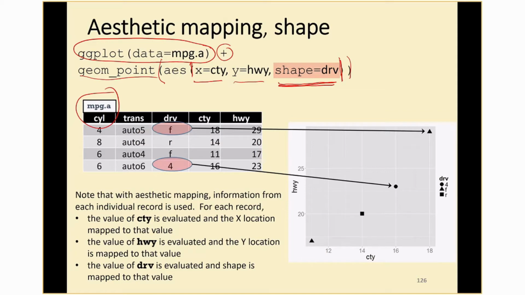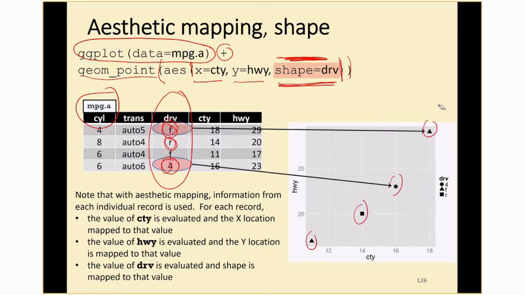So what's R going to do? R is going to evaluate each one of these records, and it's going to look at those records and say there's 1, 2, 3 different shapes. So when I map shape on the drive, as each one of these records is evaluated, the shape of the marker is going to be determined by the drive.